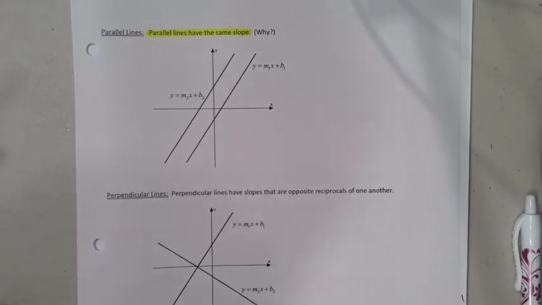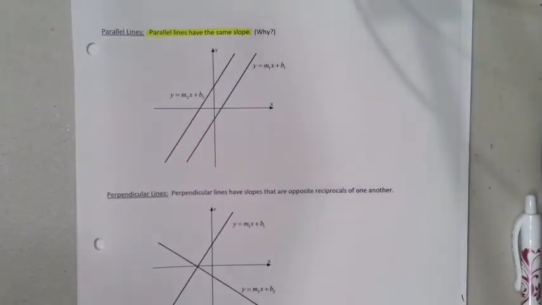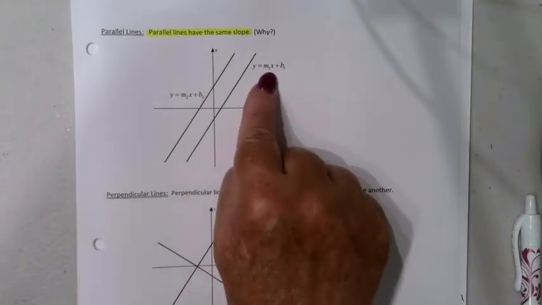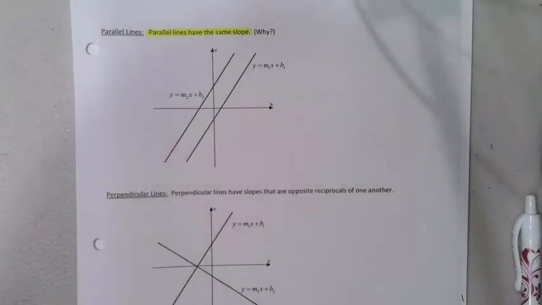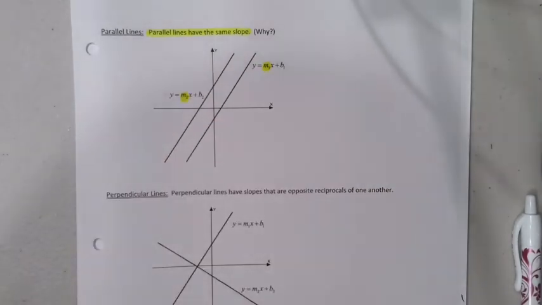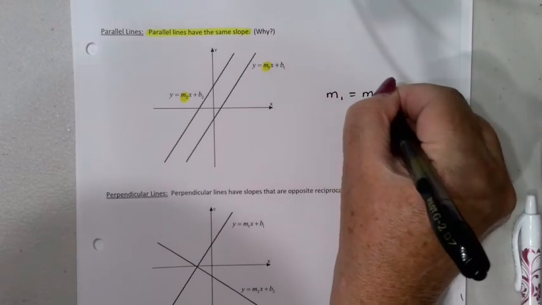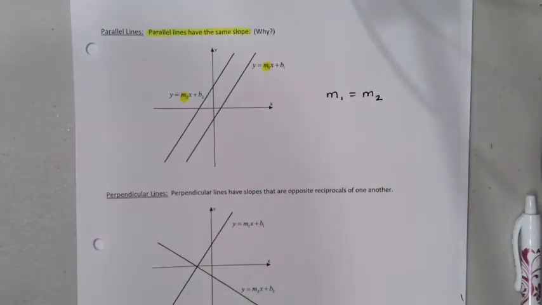Well, remember, slope describes the steepness, the rate of change or steepness of the line. And parallel lines have the exact same steepness, right? So they have to have the same slope. So if I've got two lines here, these slopes must be the same. In other words, M1 has to equal M2 because the lines are parallel.